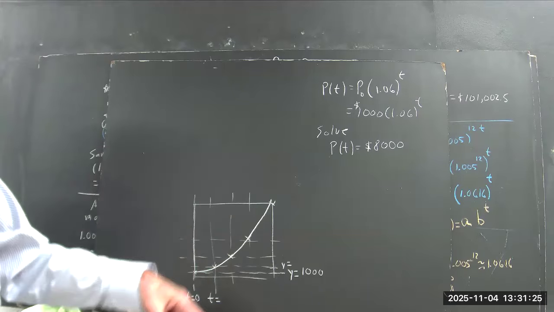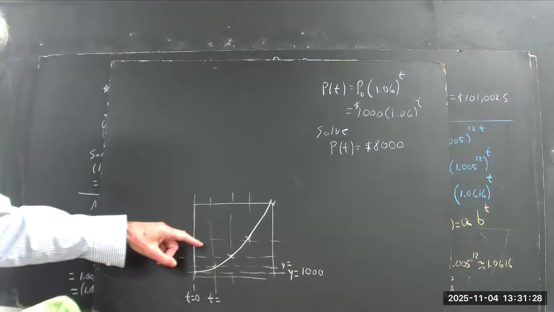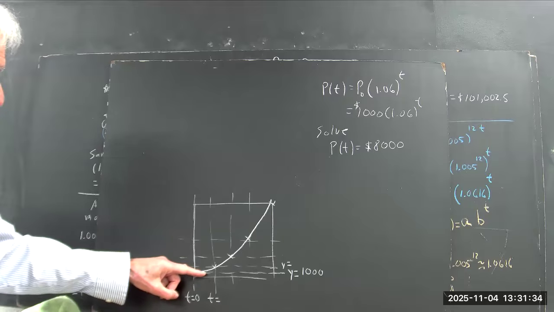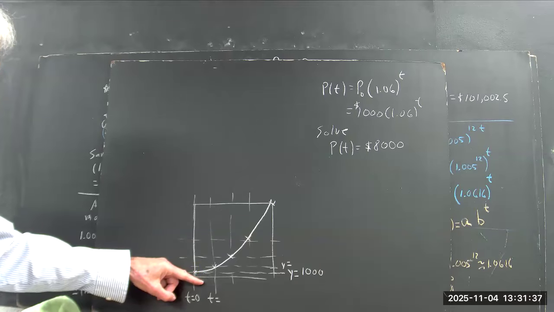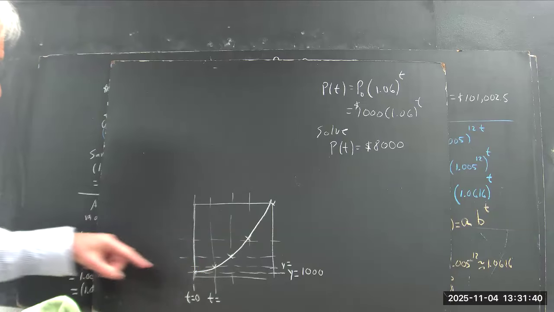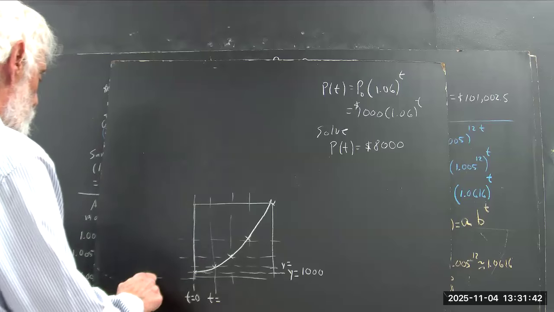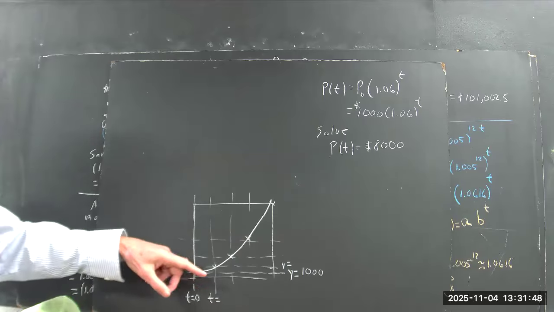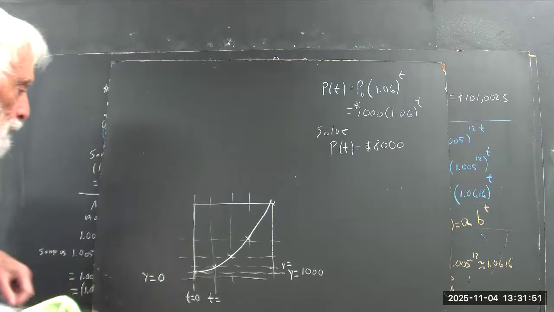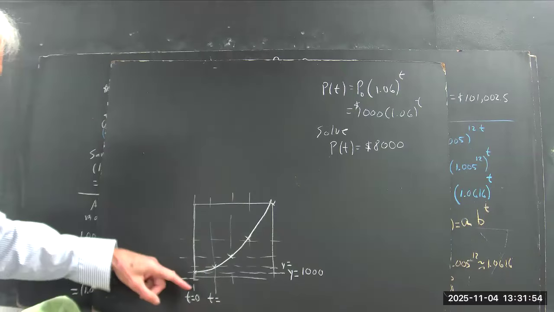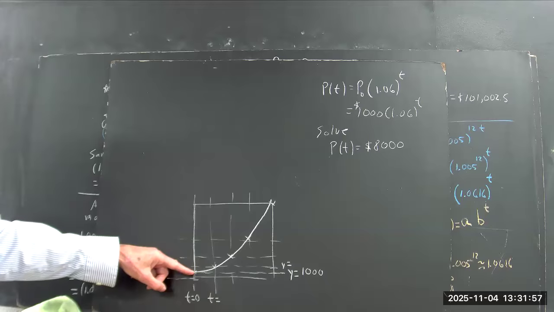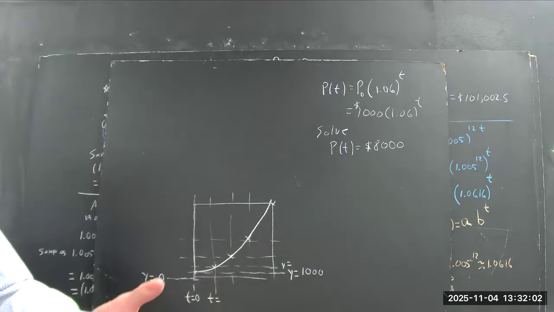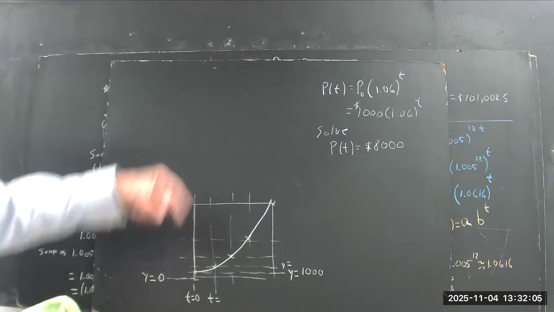Because the way this was constructed, this line's halfway between here and here, this line's halfway between here and here, and so forth. That's implicit in the way this is drawn. So y equals 0 here, it's 1,000 here. And this line is halfway between this line and this line, so this line must be 2,000, right? In other words, these lines are all doublings.